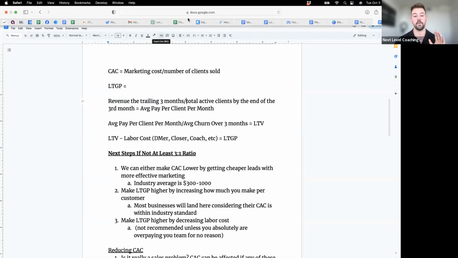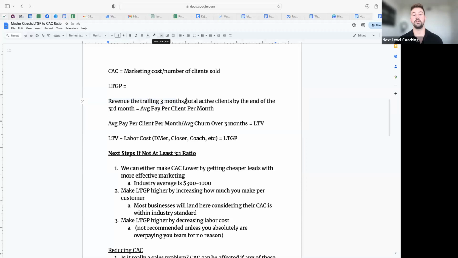I'm going to provide a little bit more clarity there. Let's say that we're doing this for quarter three, which just ended as of September 30th. What I would do is add up July, August, and September, and that would be my trailing 3 months of revenue. Then I'm going to divide that number by the total active clients that I had by the end of the 3rd month.